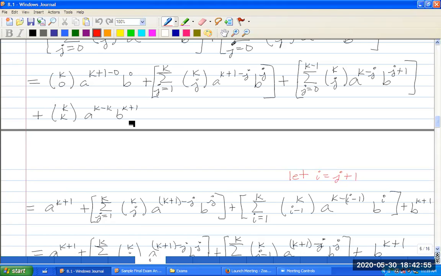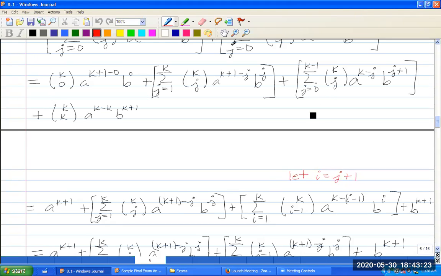Let's just rewrite this term. So this is the sum, j equaling 1 to k, kCj, a to the k plus 1 minus j. Let's put a k plus 1 in parentheses, b to the j. Plus, now for this term, I'm going to let i equal j plus 1. And so when j is 0, i is 1.